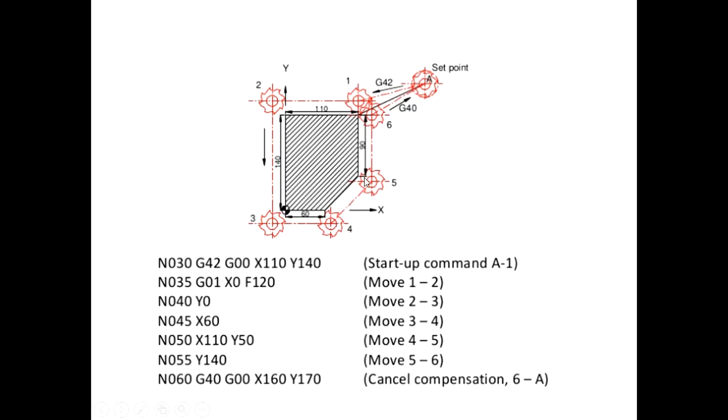Then from 4 to 5, X will be 110 and Y is 50 for position 5. And then for position 6, X is 110 and Y is 140. So we can directly specify the coordinates on the workpiece without considering the radius of the cutter.